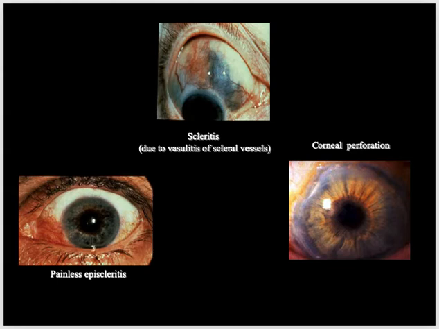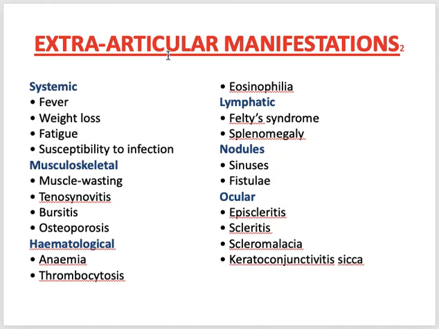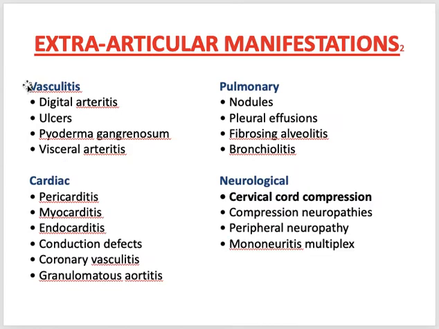Okay, so you can see the extraarticular manifestations: systemic, musculoskeletal, hematological, lymphatic, nodules, and ocular. Of course, they combine all of them in one place. These are the things which are due to vasculitis, and these are the cardiac extraarticular manifestations.